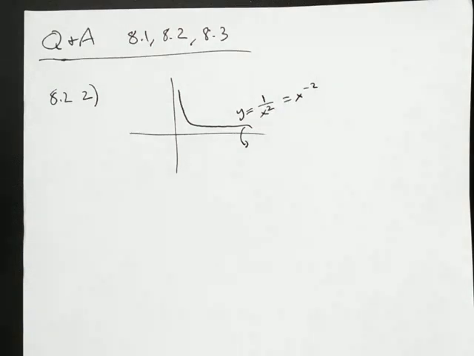Pi times x times square root of 1 plus the derivative of the function squared. Two pi x.